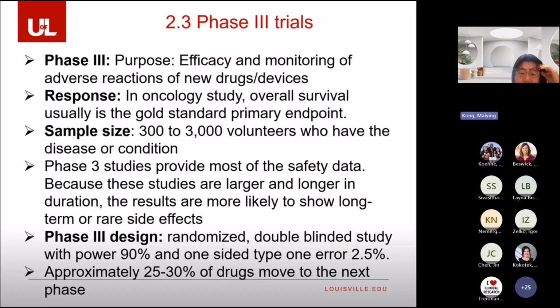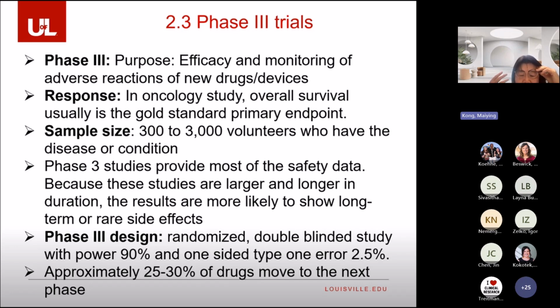Sample size is usually large. Phase 3 studies provide most of the safety data because these studies are larger and longer in duration. The results are more likely to show long-term or real side effects.